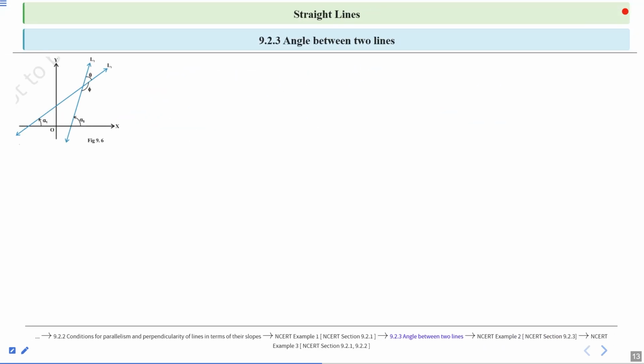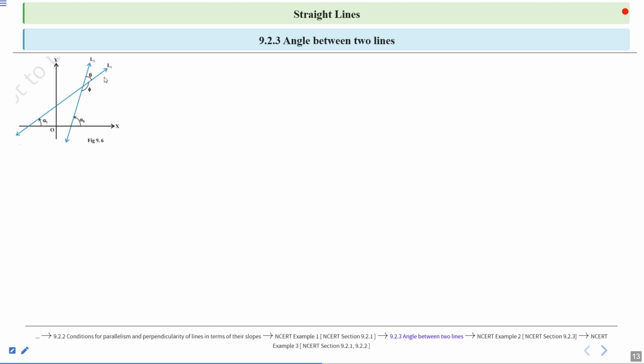So now we discuss the angle between two lines. Suppose we have two lines, L1 and L2. How do we find the angle between two lines? If we have two lines L1 and L2 intersecting at some point, then we have to find the angle between these two lines.